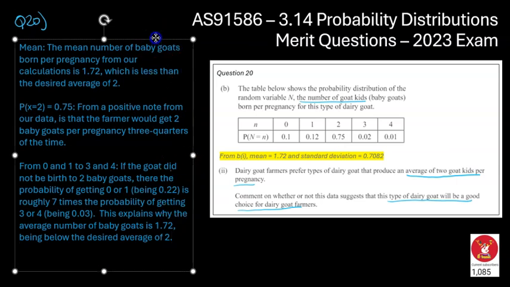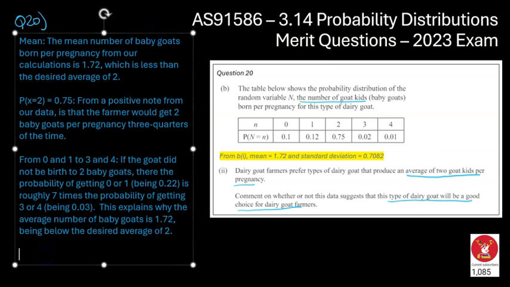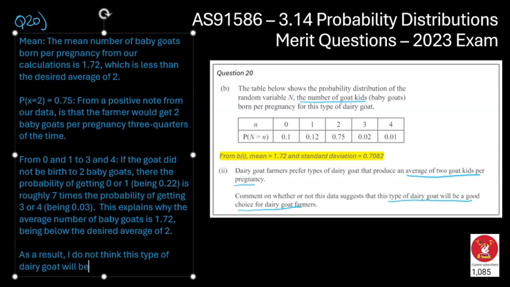Do we think the farmer should get this particular goat? Probably not. It's quite far off. 1.72 is quite far off 2. There's no sugarcoating that. I don't think you should get the goat. So as a result, I do not think this type of dairy goat will be a good choice for the goat farmers.